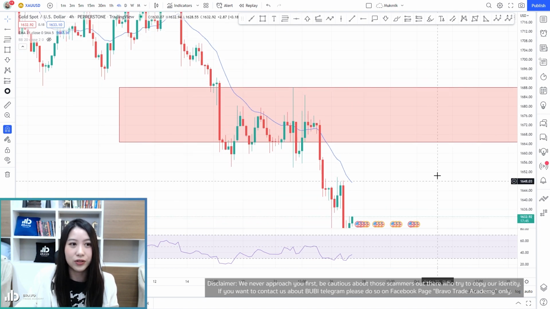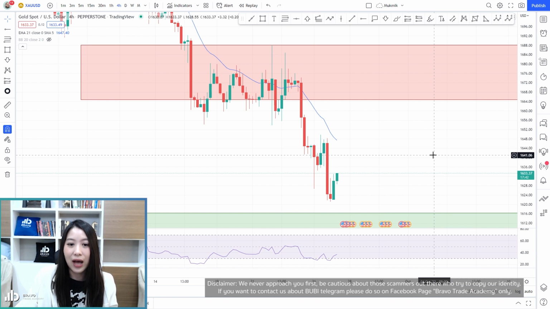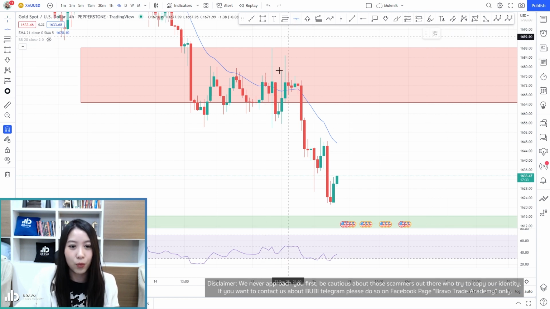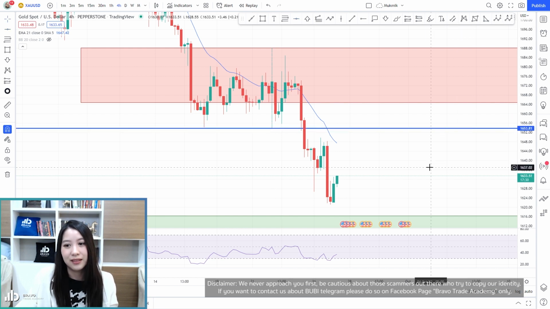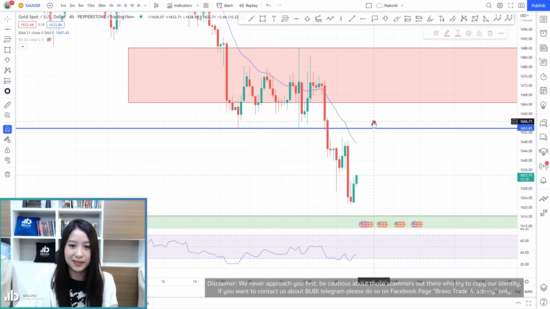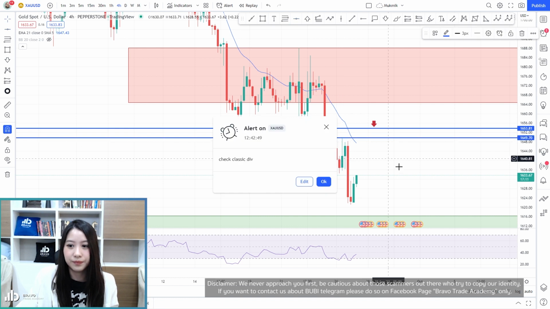All right, so let's go to the 4 hour time frame. In the 4 hour time frame, we do not have any clear zone that could be seen on the charts. But we do have this resistance, which was from yesterday as well, at 1653. In the 4 hour time frame, the trend is still a downtrend, therefore this resistance is still all right to use. Another resistance would be here.